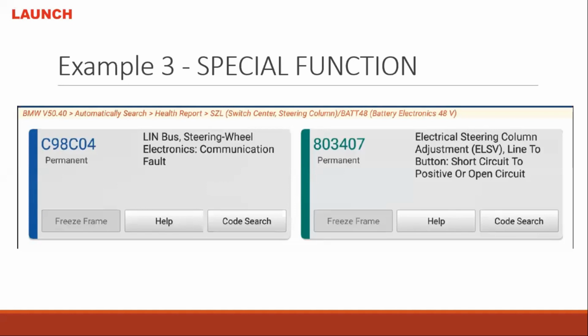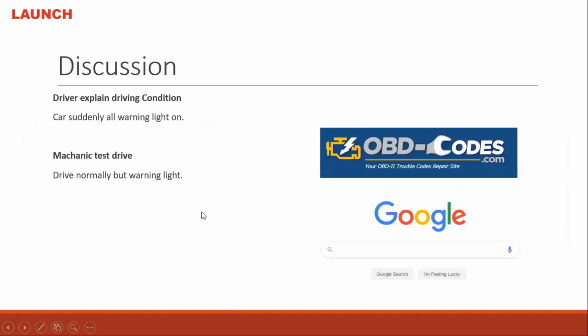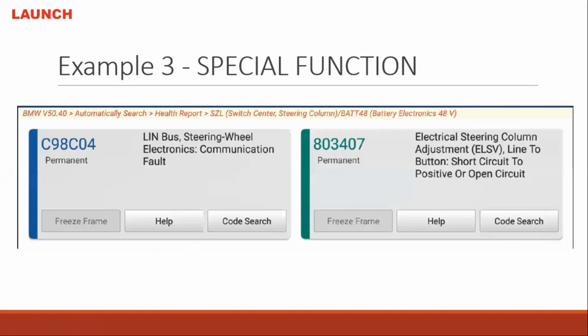So they just operate it without any problem. It might not function, because if the car is normal, no problem, but you do the programming, maybe you will damage the car. So in this example 3, you see the trouble code here.